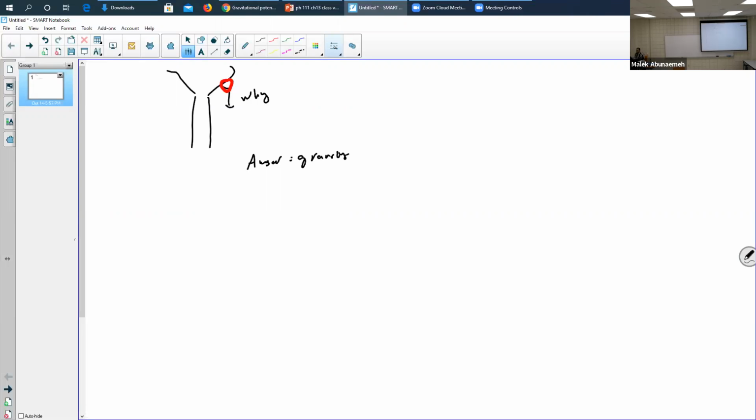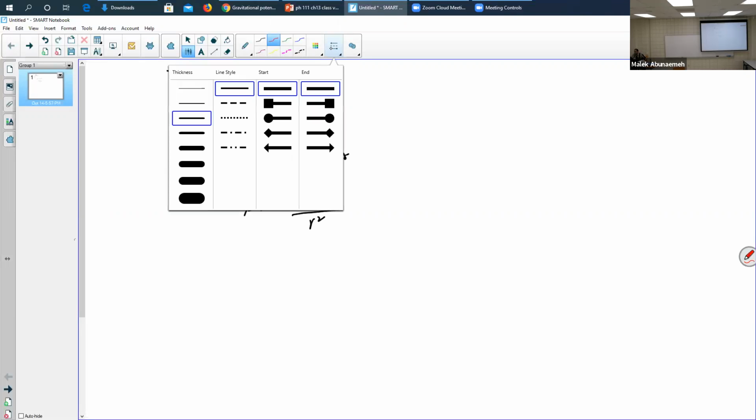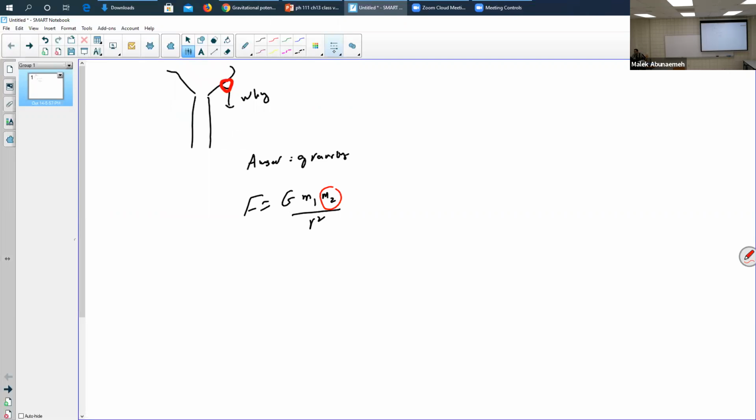So Newton determined that there was a force, and the force is going to equal some kind of constant multiplied by the first mass multiplied by the second mass divided by r squared. Now the mass that he's trying to determine is the mass of the Earth.